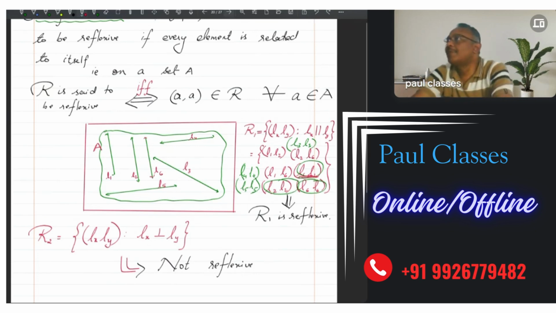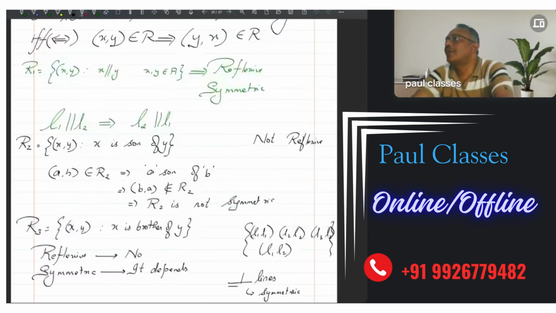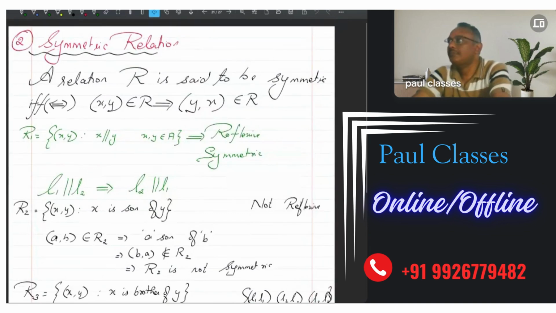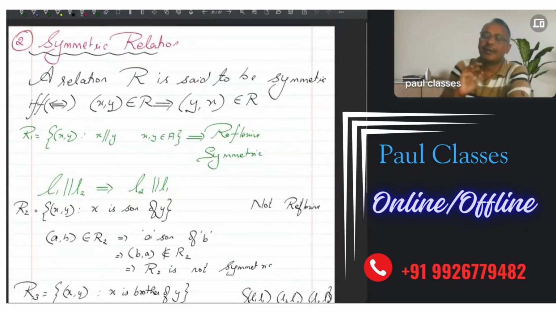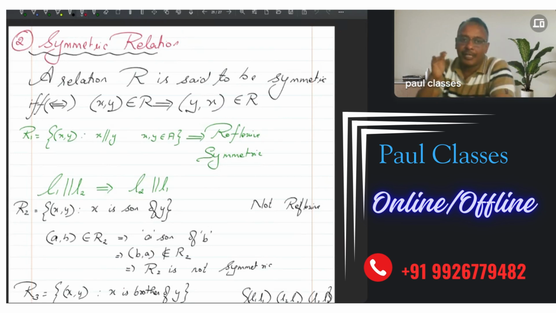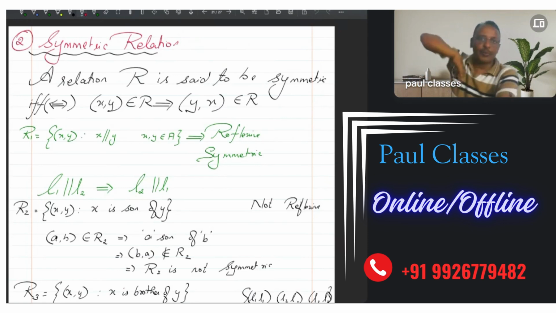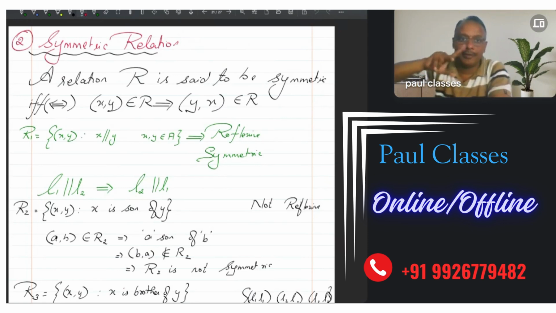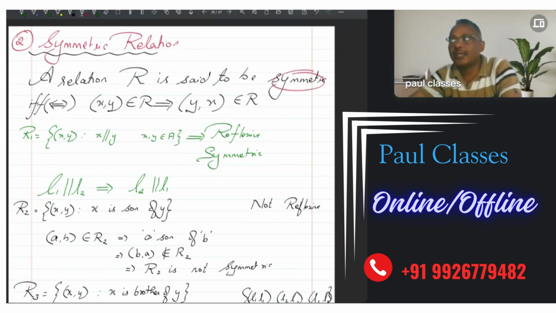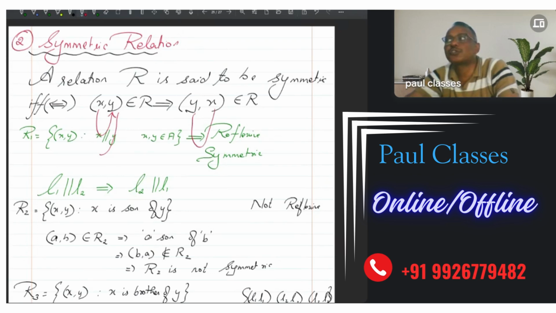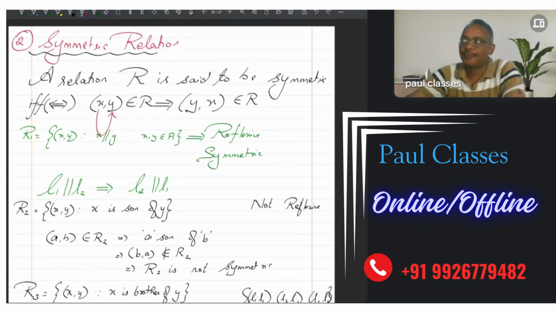The next type of relation which comes is called the symmetric relation. What do you mean by symmetric relation? Symmetric relation means if I am connected to you, then you are equally connected to me. A relation is said to be symmetric if and only if x is related to y, then y should also be related to x.